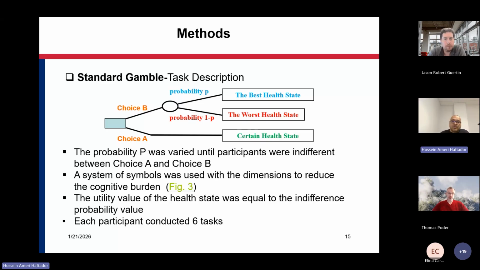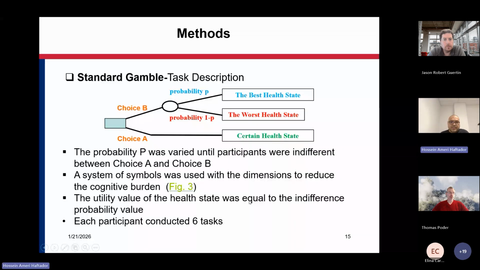And then we change the probability until a person becomes indifferent between choice A and choice B. At the indifference point, the probability is the utility value for this health state.